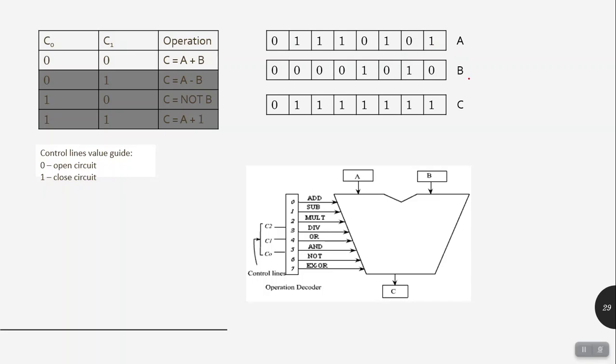It's just simple math. 1 plus 0 is 1, 0 plus 1 is 1, 1 plus 0 is 1, 0 plus 1 is 1, 1 plus 0 is 1, 1 plus 0 is 1, 1 plus 0 is 1, and 0 plus 0 is 0.